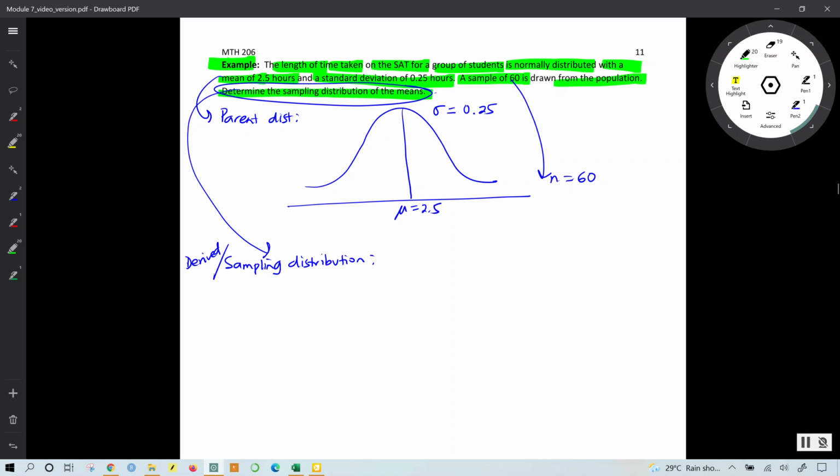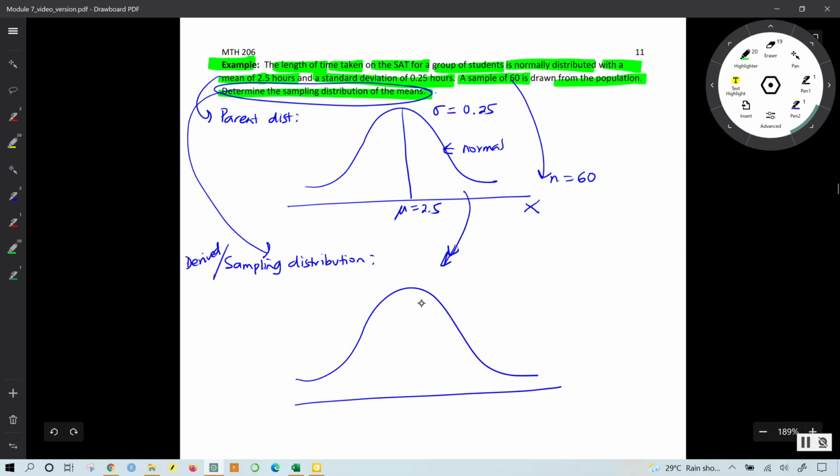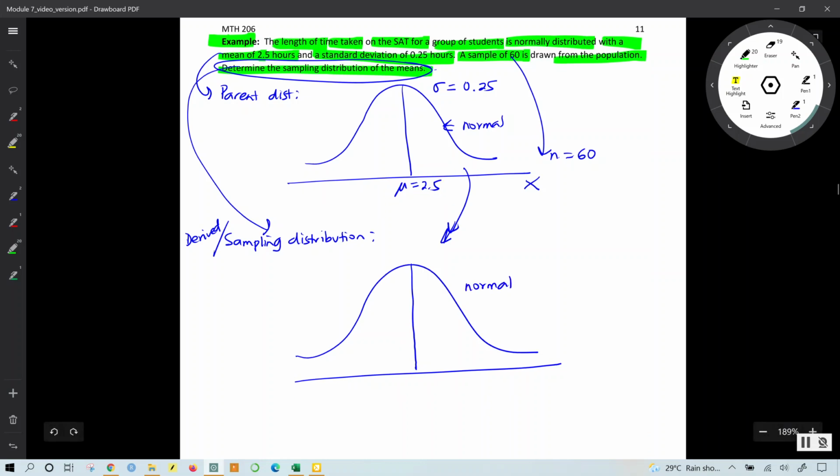And this is going to mean that since we're starting out with a normal distribution for the variable x of interest, the resulting distribution will also follow. It will also be a normal distribution. It will give birth to a normal distribution.